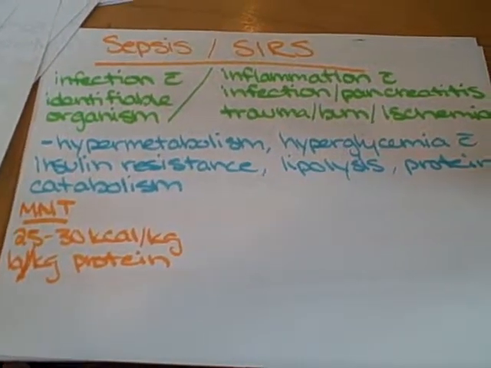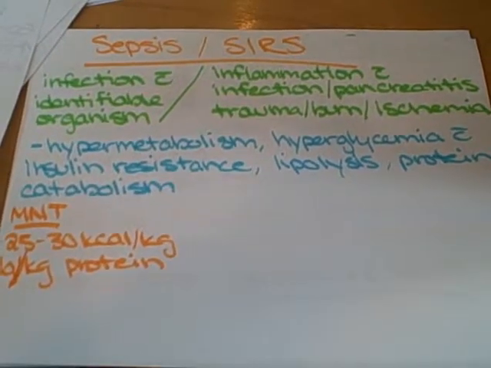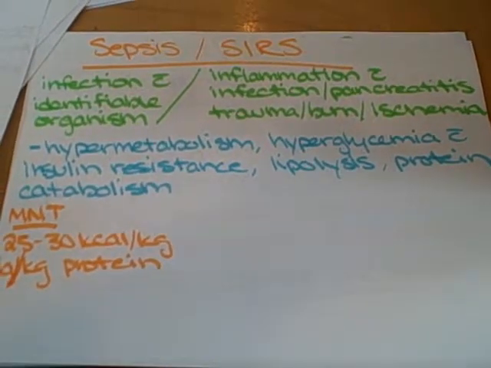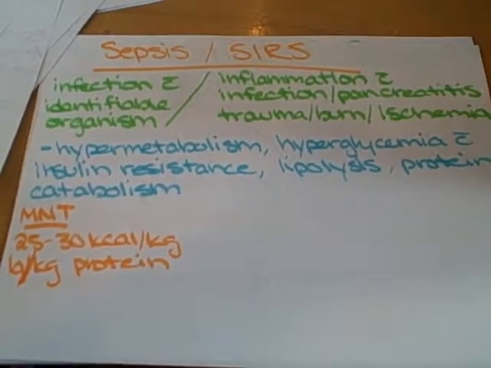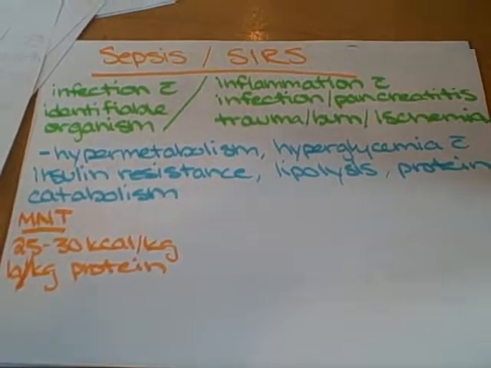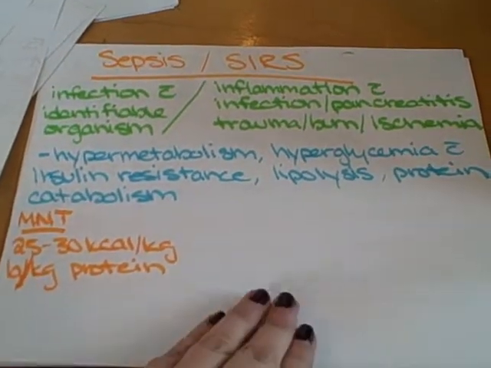Characteristics of these are hypermetabolism, hyperglycemia with insulin resistance, lipolysis, and protein catabolism. And as for MNT, you're going to want to supplement with 25 to 30 kcals per kilogram or 1 gram per kilogram protein requirements.